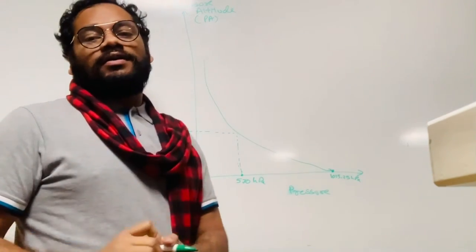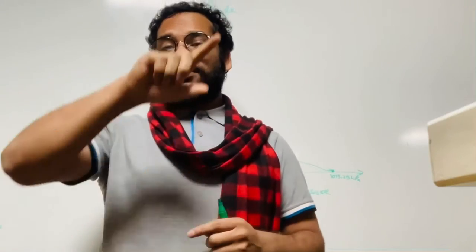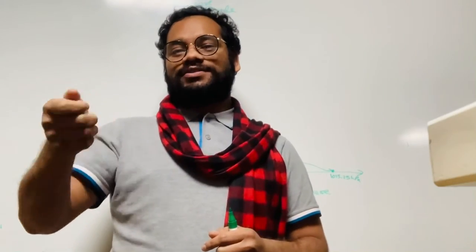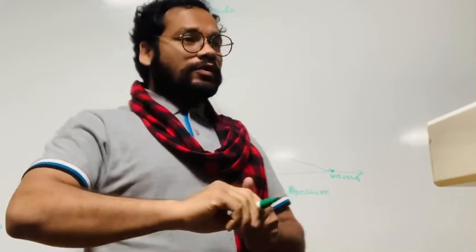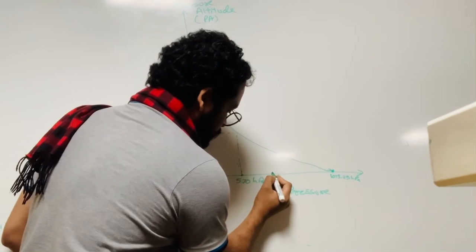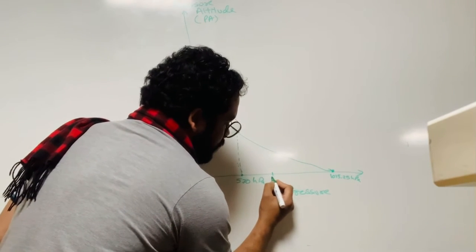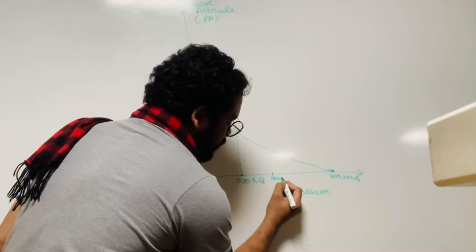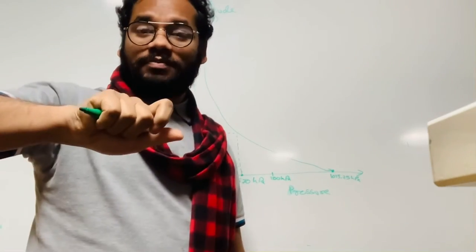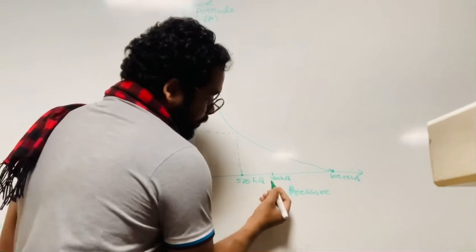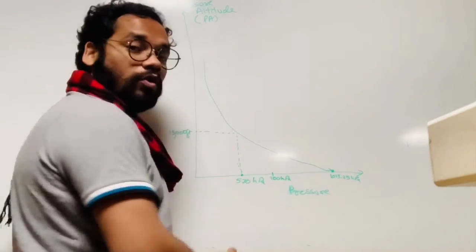Next, we know that in the altimeter there is a knob called the pressure setting knob. So now let's learn about that setting knob. If you set a pressure of 900 hectopascal using that pressure setting knob, what will be the pressure altitude?